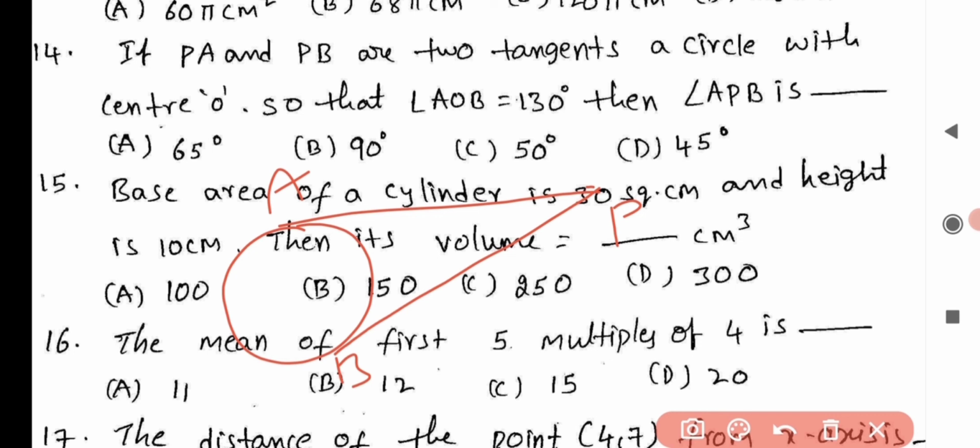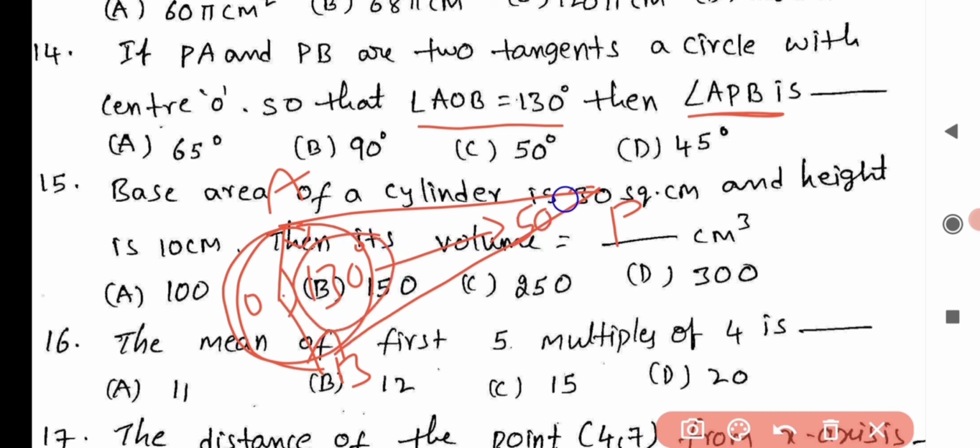Okay, middle is the center O. Here he gave angle AOB, this is 130. APB is what? This one at A 90, at B also 90. Sum of four angles in a quadrilateral what? 360 degrees. This one already 180. So remaining this two I want 180. Here 130 is there. Remaining is what? 50. So angle APB equals to what? 50 degrees. Option C.